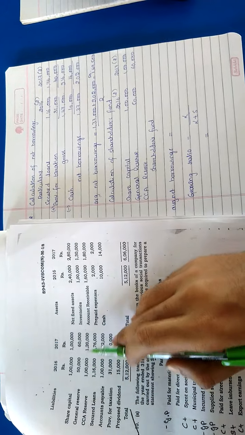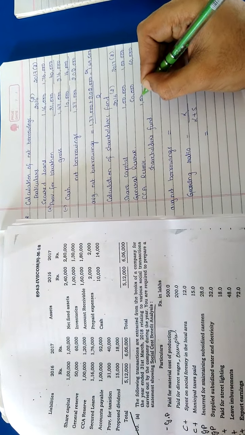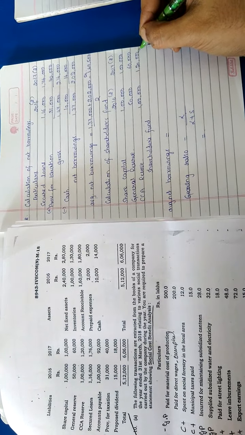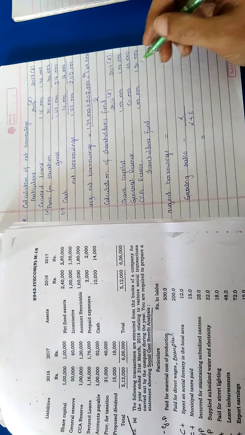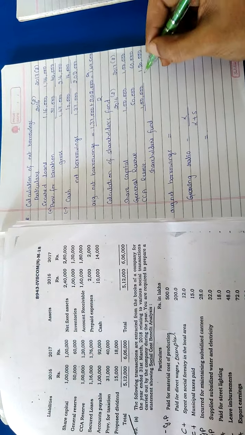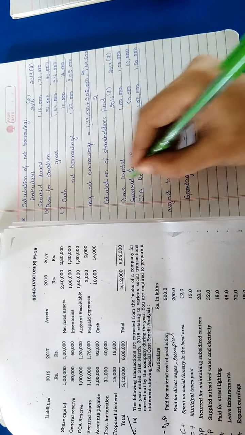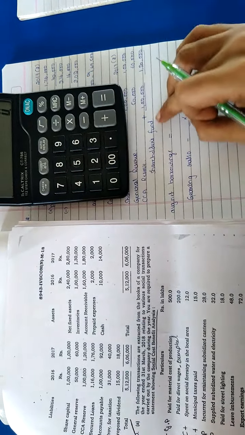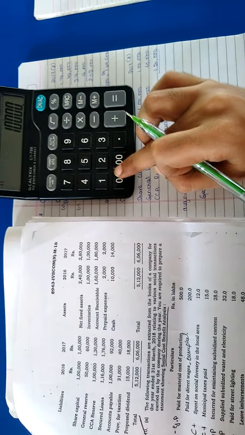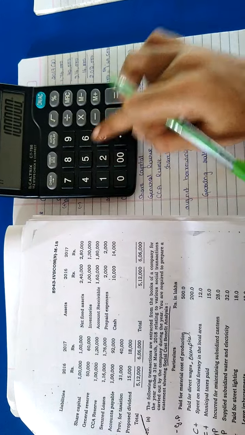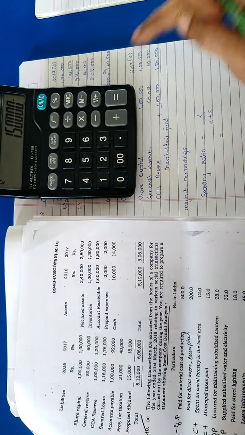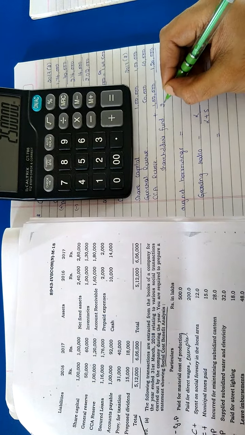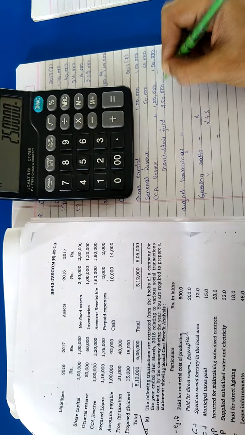The CCA adjustment is 1 lakh in 2016 and 1,20,000 in 2017. Now we add all these figures to get our total shareholders' fund: 1 lakh plus 50,000 plus 1 lakh, so the total is 2,50,000.